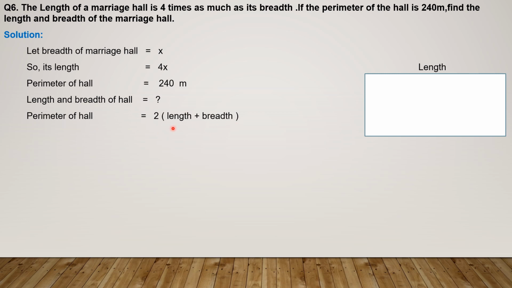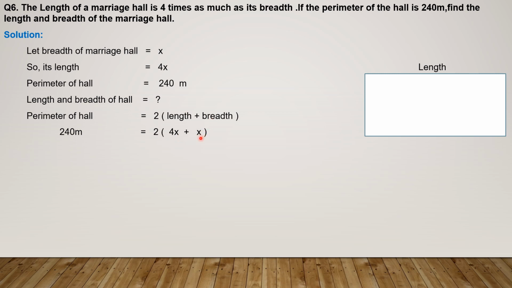In this equation you have to put the values. What is the value of perimeter of hall? 240 meters. So we will put 240 meter here. Similarly, we will put 2 as it is. The value of length is 4x, so we will write 4x here, and breadth's value is x.